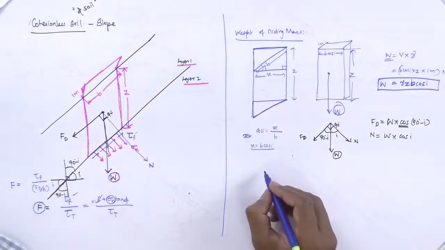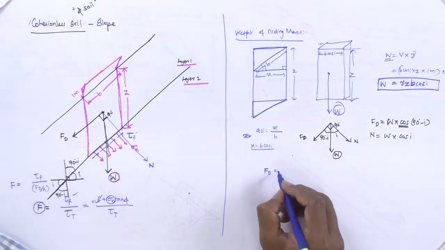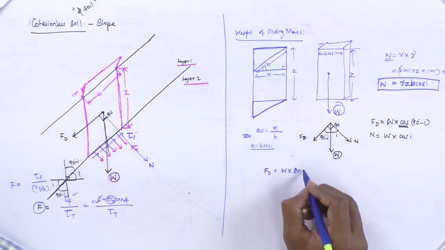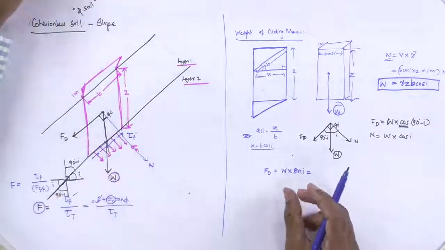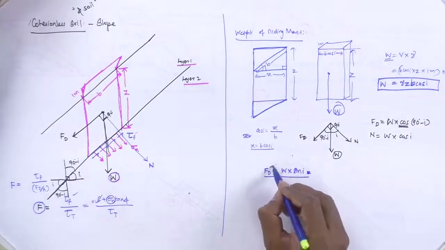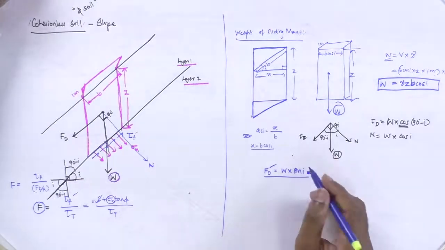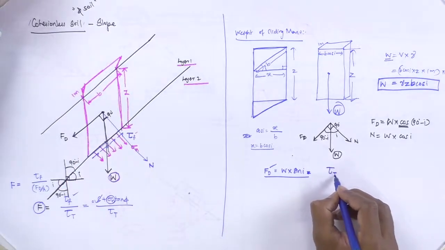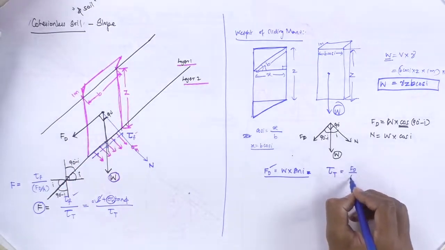So by the way, simply we can compute FD equals W times cos of (90 degrees minus I), which can be written as sin I. This is a weight component, I mean a force component. In order to convert this into stresses, tangential stress is nothing but force divided by area.